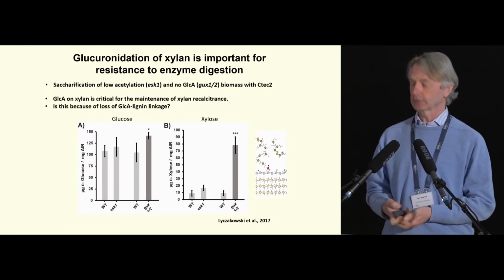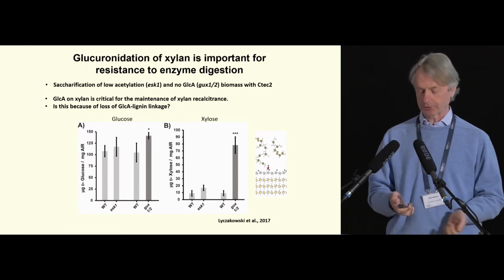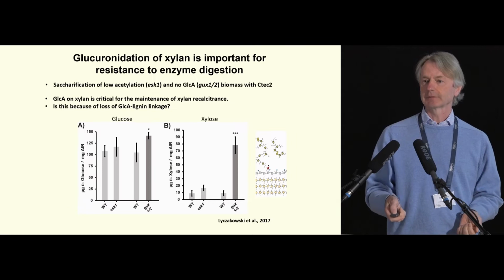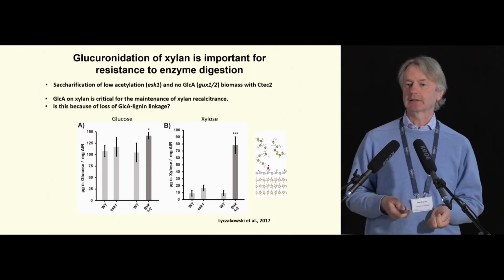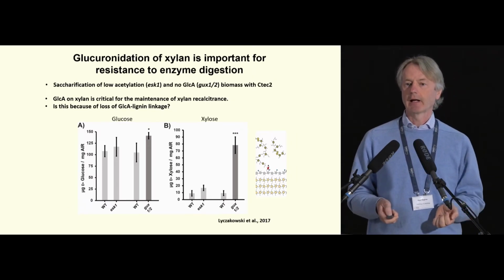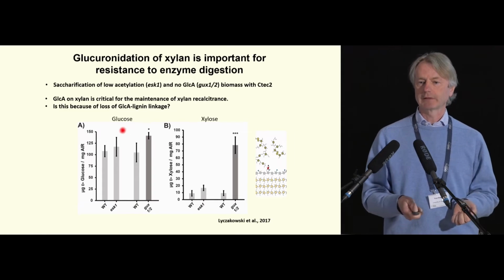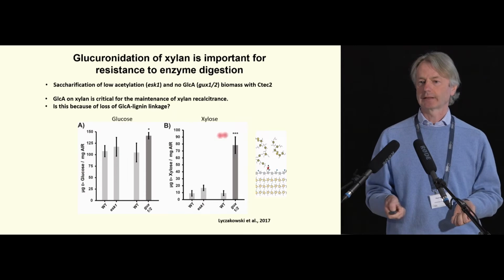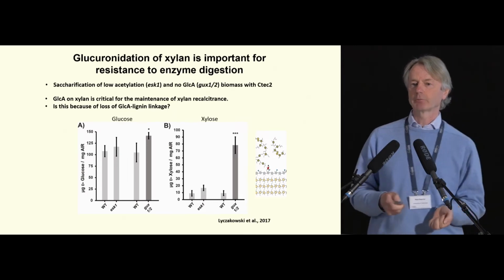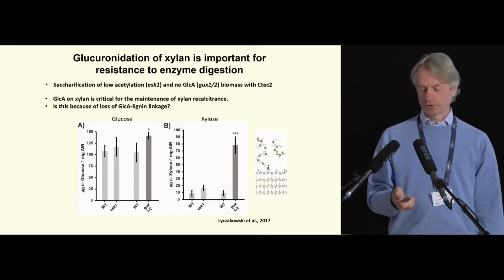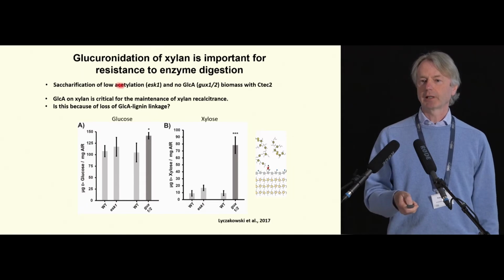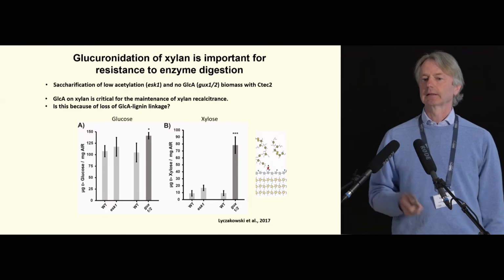We do some mechanical disruption, but no chemical disruption, and then add enzymes to digest the cellulose and the xylan. On the left, we see the amount of glucose released from the plants, and on the right, the amount of xylose. We tested the effect of reducing acetylation of the xylan by half, or removing all of the glucuronic acid.